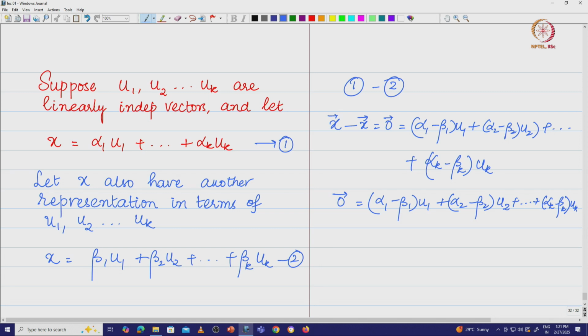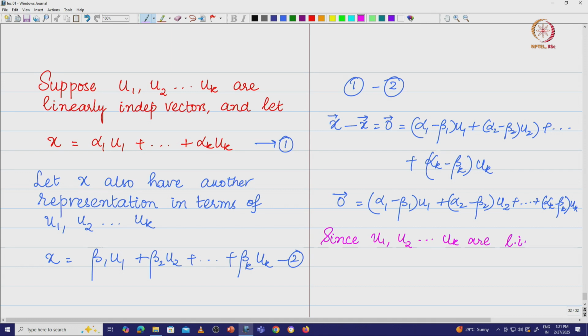Now, we know that since u1, u2, etcetera, uk are a linearly independent set of vectors, something interesting happens.